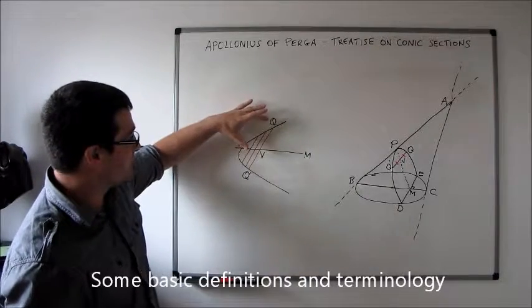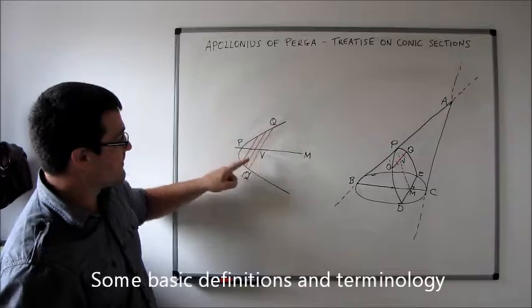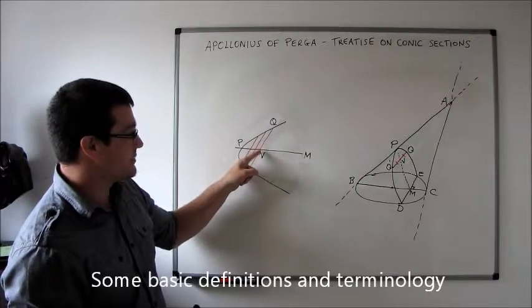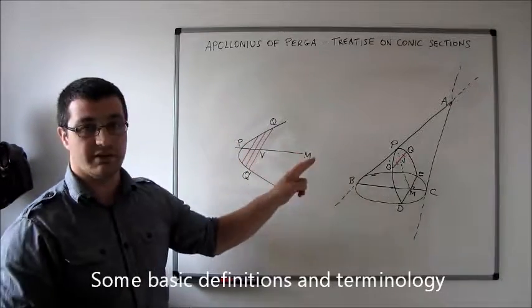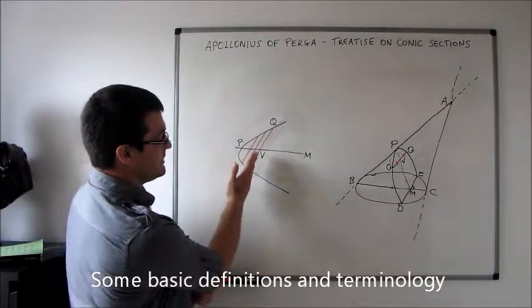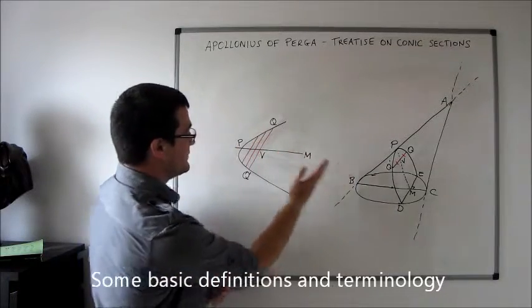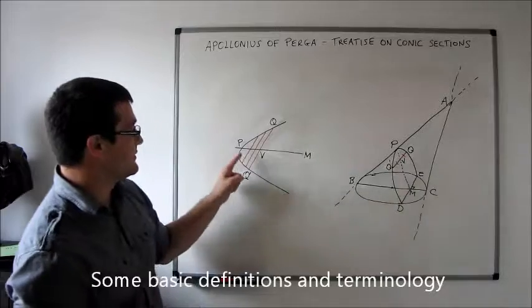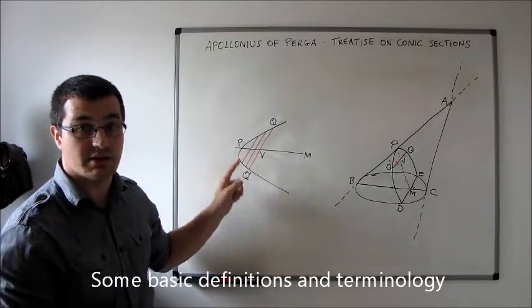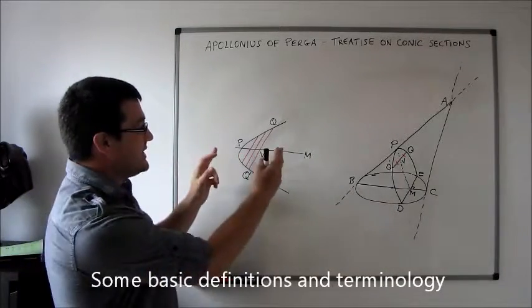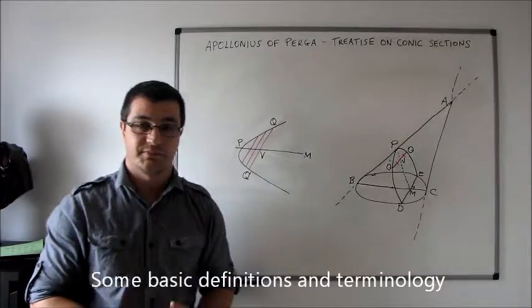So the chord QQ primed is bisected at the point V on the actual diameter. Obviously there would be an infinite number of these chords extending in this direction, in between the chords that I've drawn, but PM is a diameter.